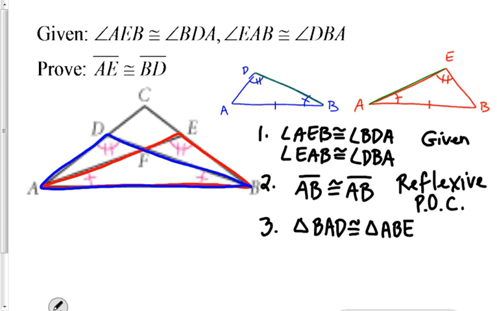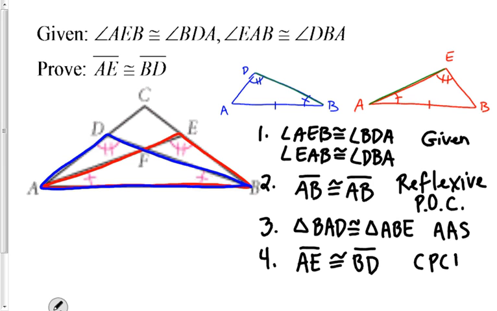We know that this is true by the angle, angle, side triangle congruency shortcut. Now that we know those triangles are congruent, we can conclude that AE is congruent to BD by CPCTC.